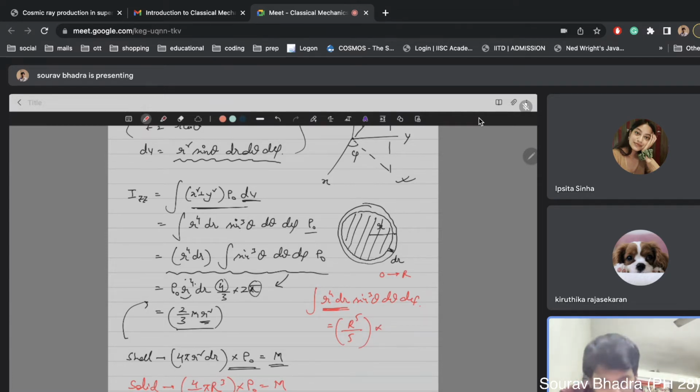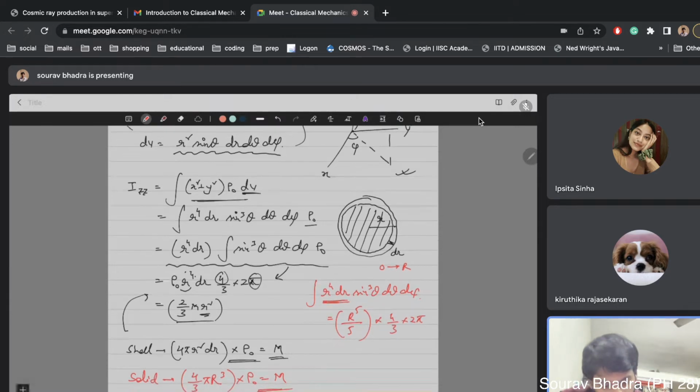So by doing this, rho 0 r to the power 5, it will give you 4/3 times 2 pi. Okay, and rho 0 is there, I forgot the rho 0 here. Now if you write 4/3 pi r cube rho 0, taking 4/3 pi, r cube and rho 0 from here, that will be your mass, and you will be left with the 2 and this 5 factor.